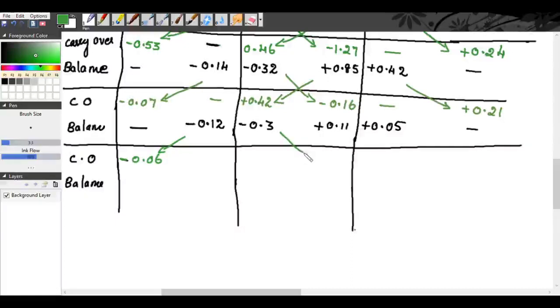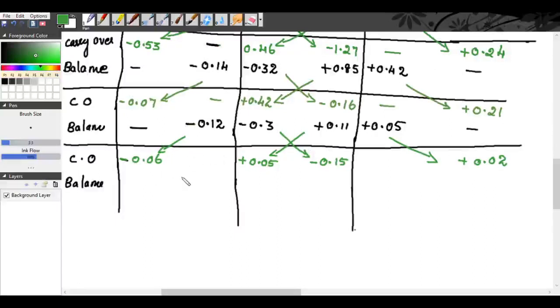Now between B and C, from B to C and from C to B, 0.11 divided by 2, we get plus 0.05. And minus 0.3 divided by 2, we get minus 0.15. From fixed support there is no carryover. From intermediate support carrying over, 0.05 divided by 2, we get 0.02.